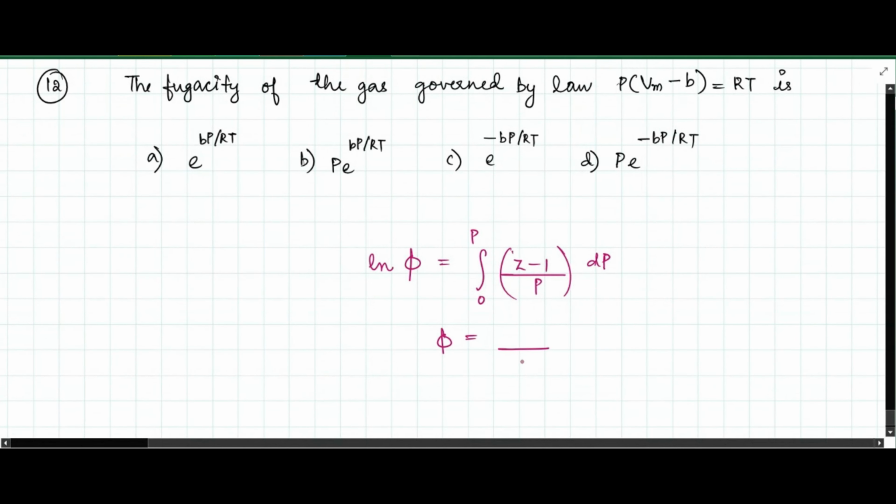When you have real gases, you don't call it pressure, you use the term F. Real pressure is represented by fugacity. So phi is equal to F by P. Let's start doing the problem.